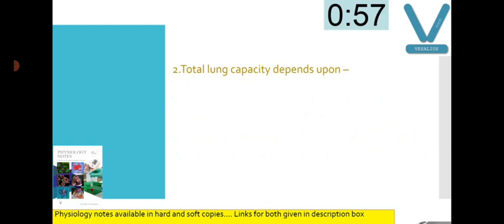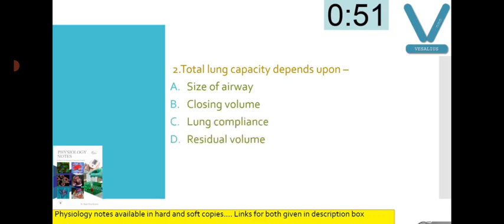Total lung capacity depends on size of airways, closing volume, lung compliance, and residual volume. Size of airways, because it includes dead space also, so it is not. Closing volume, that is less than residual volume, so not concerned with the total lung capacity.